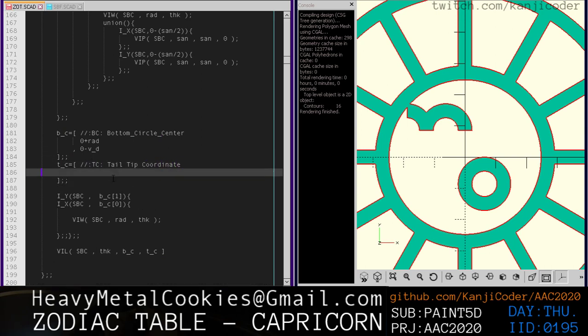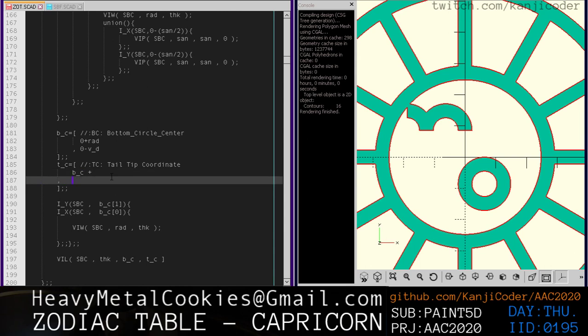And the tail tip is going to start off with BC, so BC plus something, and then BC plus something here, right? Some trigonometry here. And we'll need the cos of 180 plus 45. And then also we need to multiply it by some type of length, and I don't know what that length is yet.